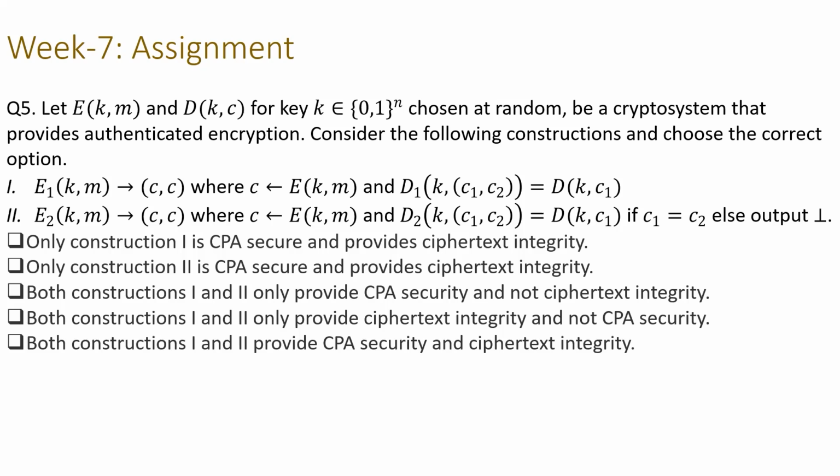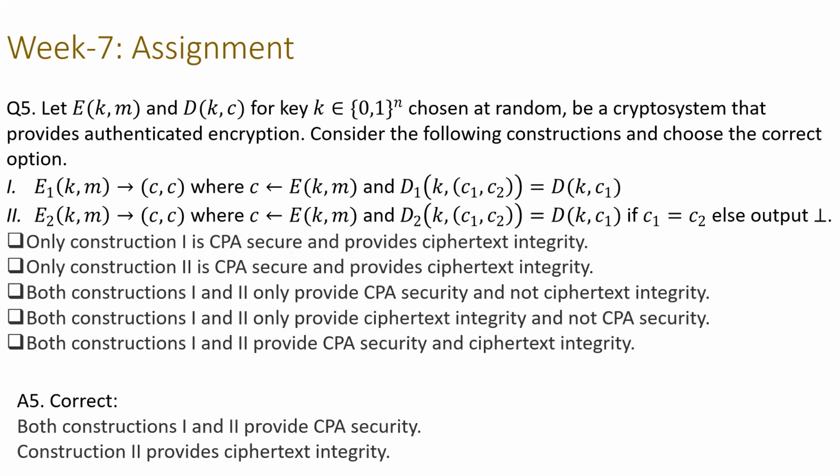So we argue that in case of E1, the modified scheme does not provide any extra information which the adversary is able to exploit through the encryption oracle about the underlying information.